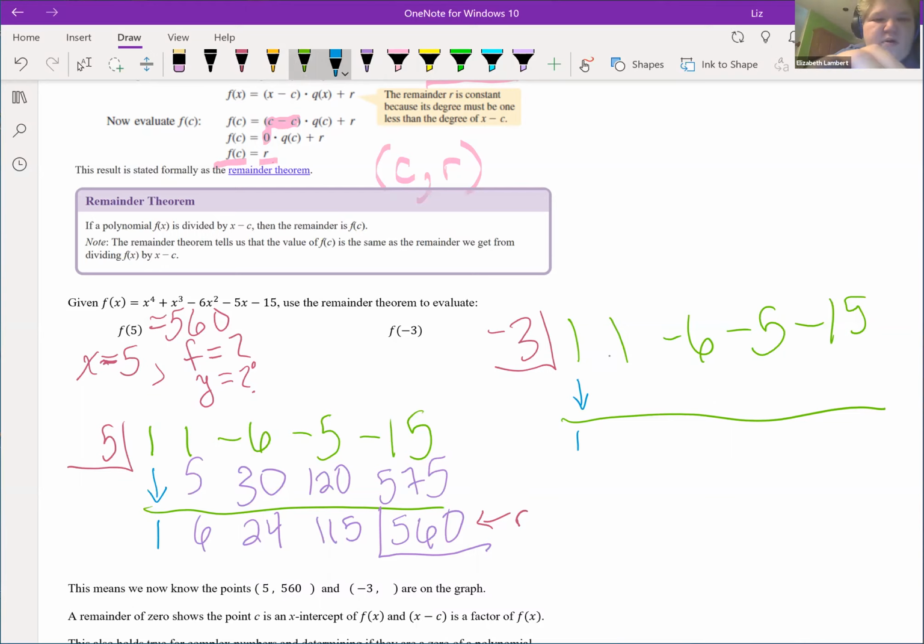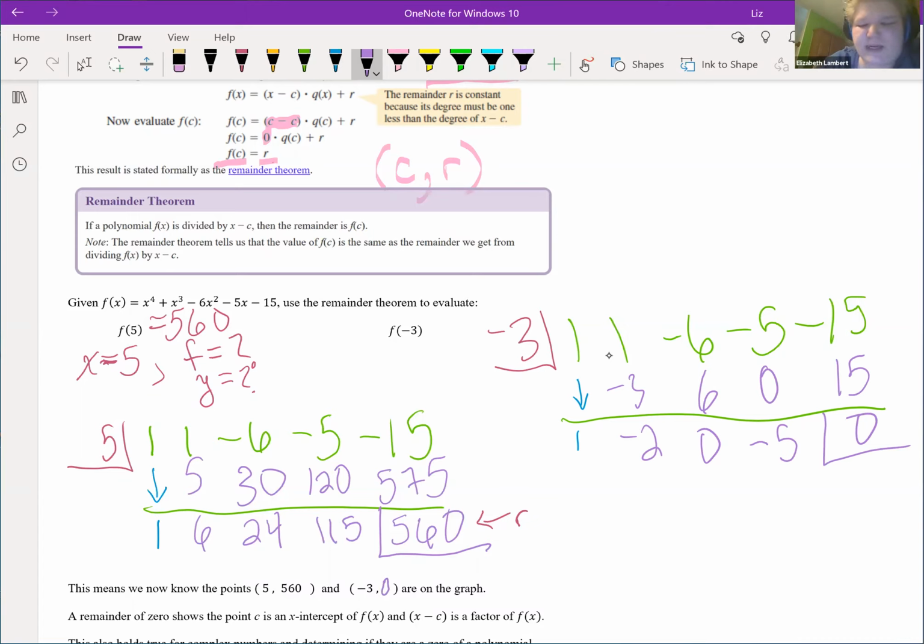Bring it down and multiply, add, multiply, add. -3 times 1, -3, add -2, multiply 6, add 0. Oh, multiply 0, add -5. -3 times -5 is a +15, and there we go. There's that 0. So -3, 0, and I'll write that in, is a point on the graph.